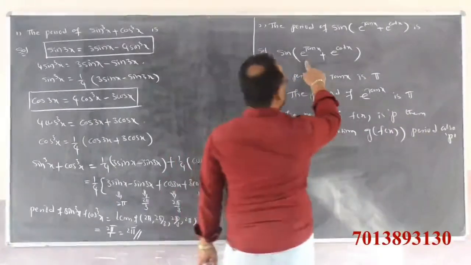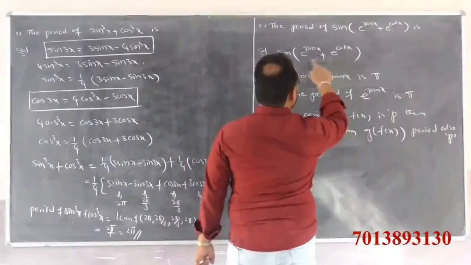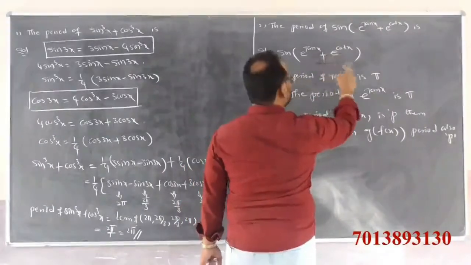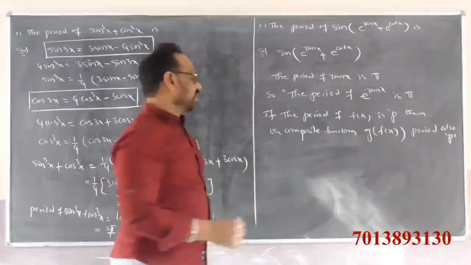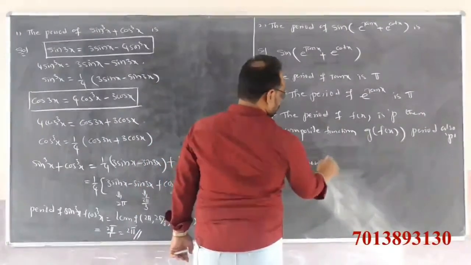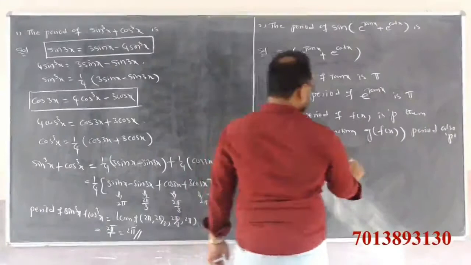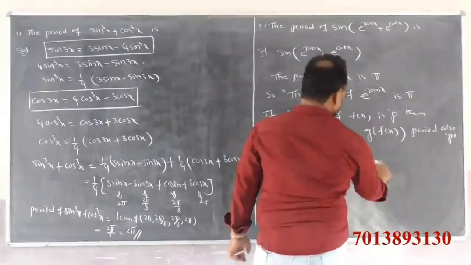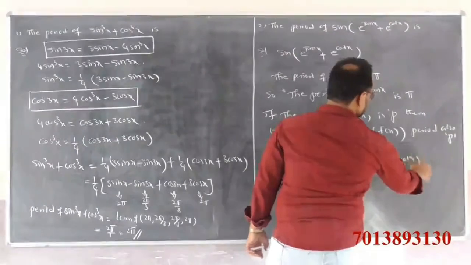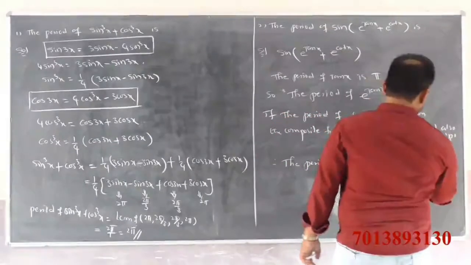Here e power tan x plus e power cot x, these periods are clearly pi. So the LCM is pi only. Therefore, the period of the composite function sin of (e power tan x plus e power cot x) is clearly pi.